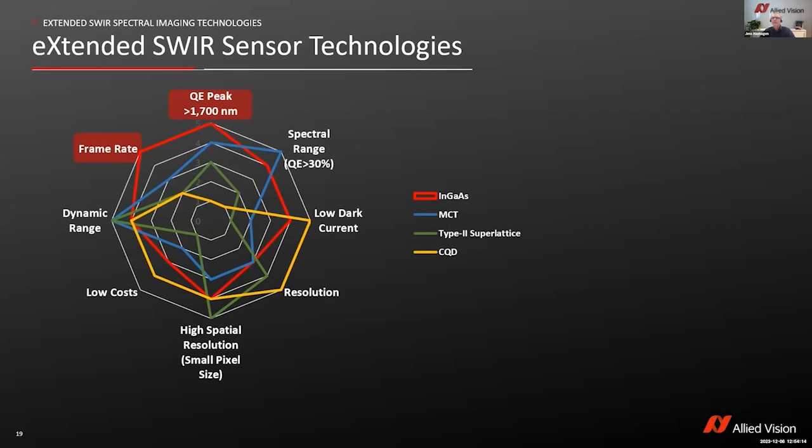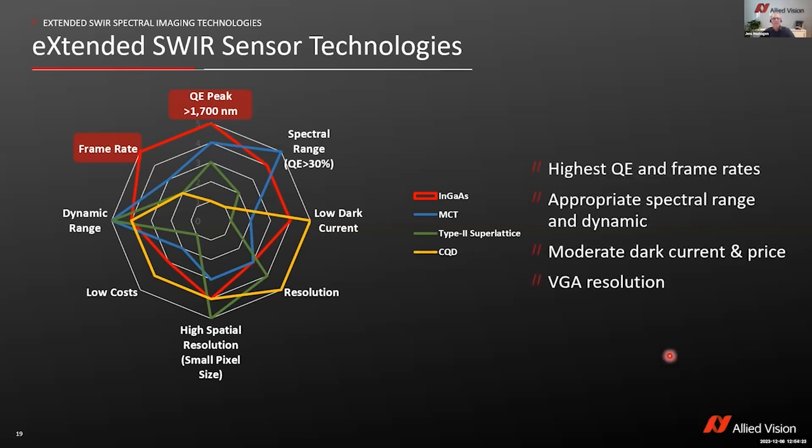Finally, our Gold-Eye SWIR camera with SXGA VGA resolution sensor. It has the highest quantum efficiencies and frame rates, and appropriate spectral range and dynamic range, as well as moderate dark current and price. The only downside, if you want to say so, is the very low resolution of the sensor, which is VGA.